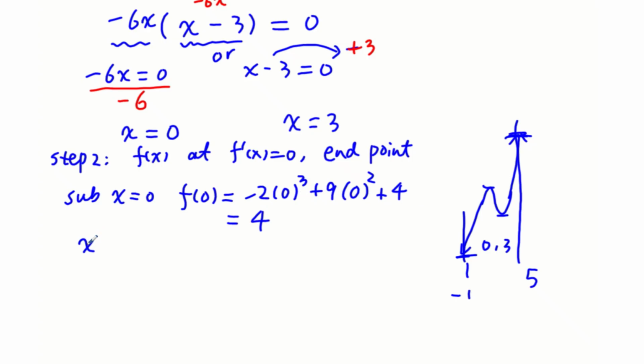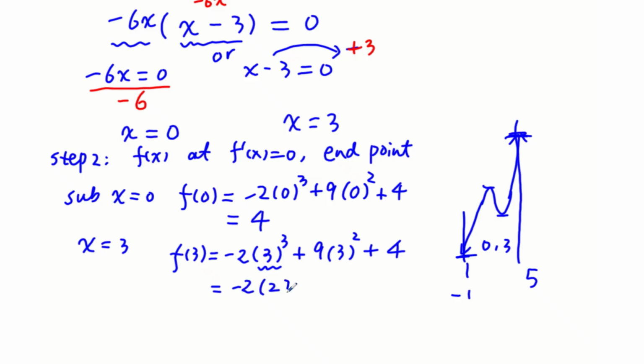Then x equals 3. f of 3 equals, change the 0 to 3, -2 times 3 cubed plus 9 times 3 squared plus 4. Exponent first: -2 times 27 plus 9 times 9 plus 4.